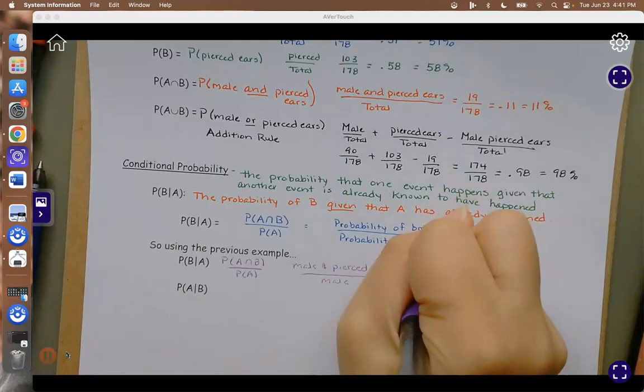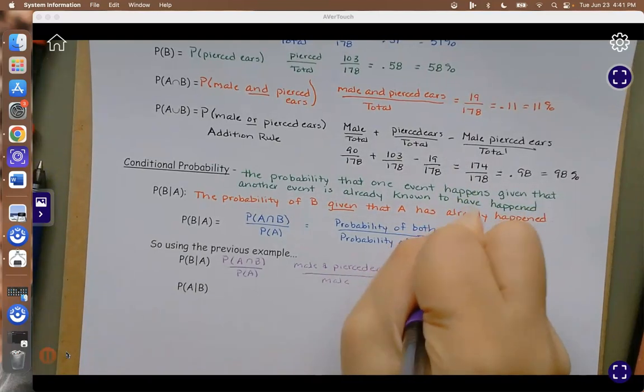Okay, so probability of male and pierced ears is 19 over 178.